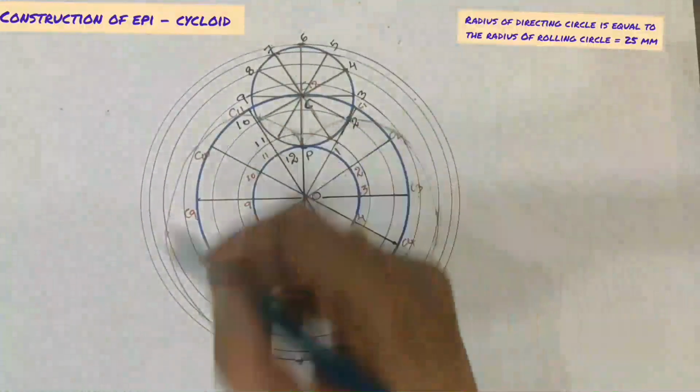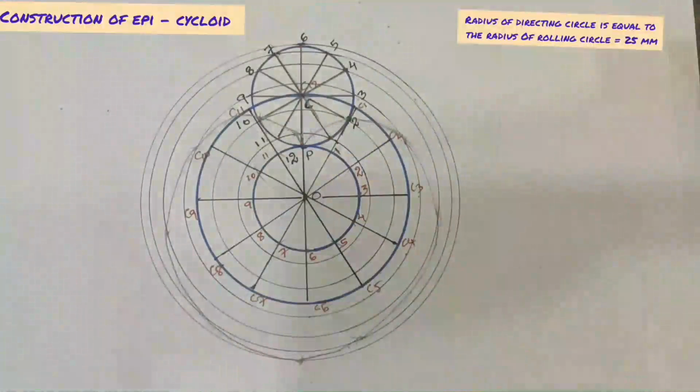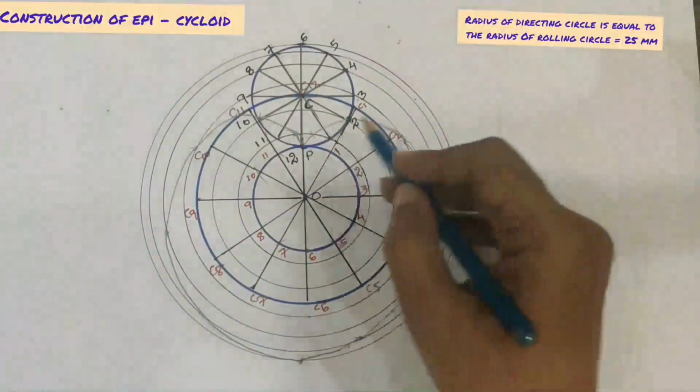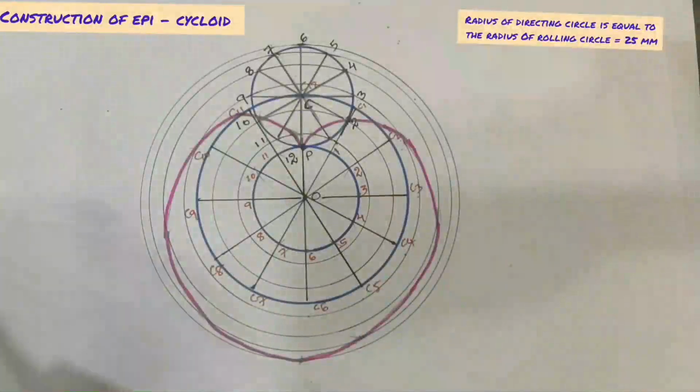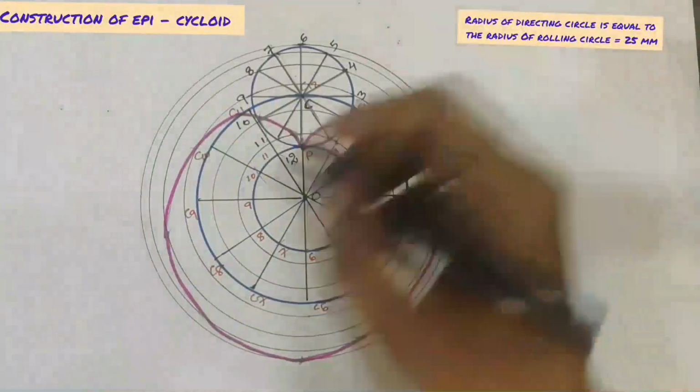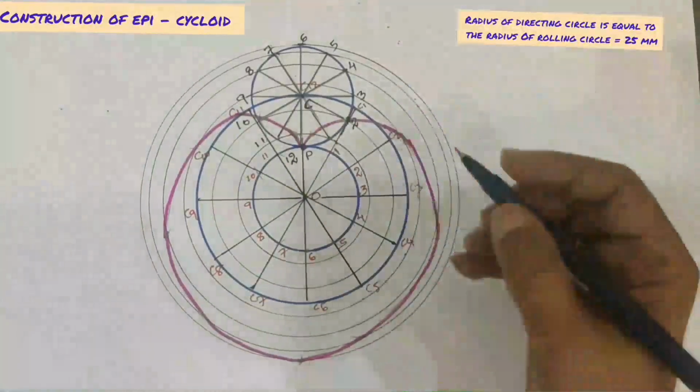This curve is an epicycloid and it's also called a cardioid. Now we'll dot this curve with H pencil. Now give lettering on the curve, that is points names.